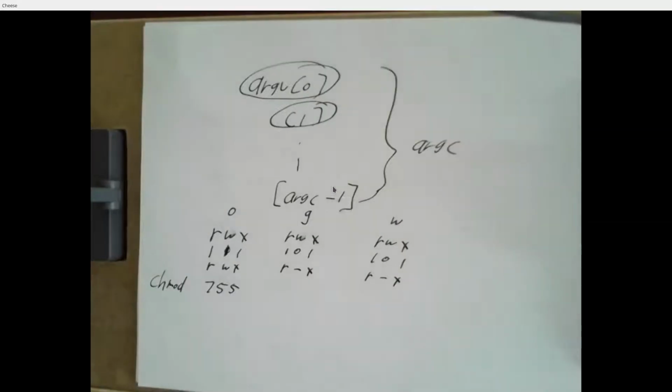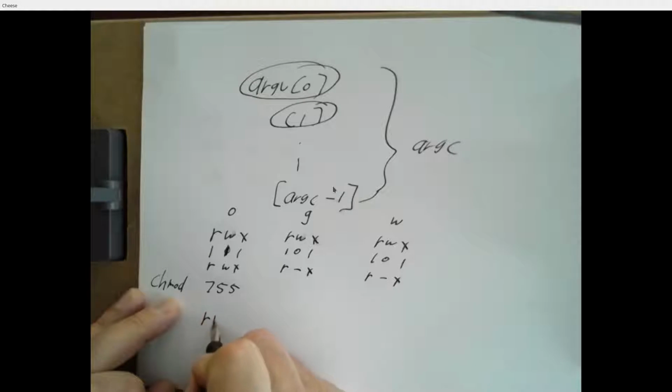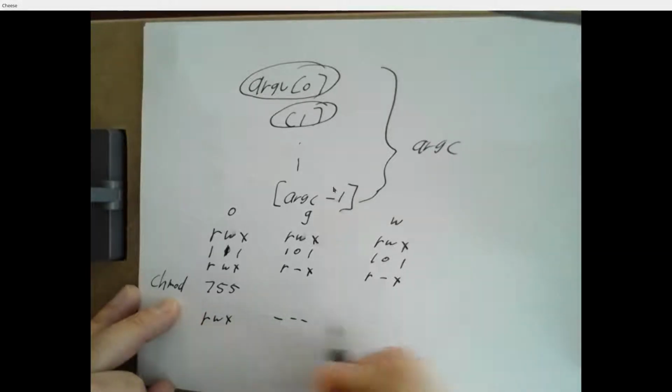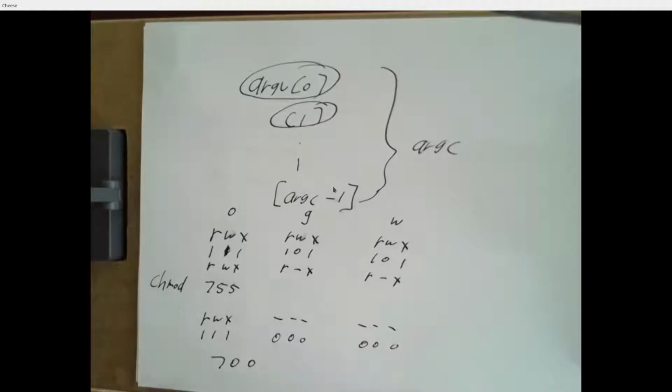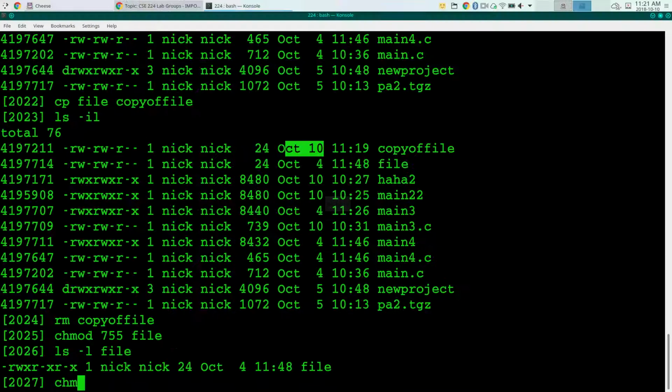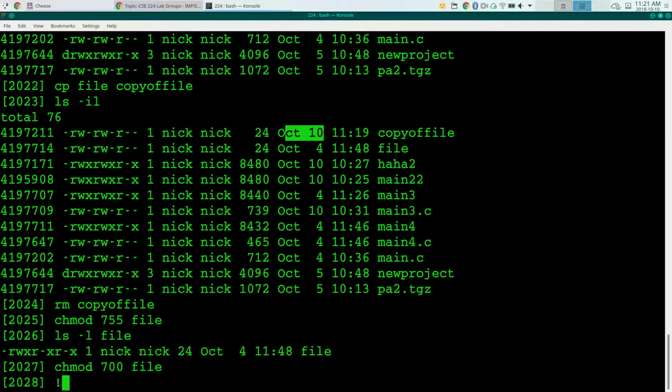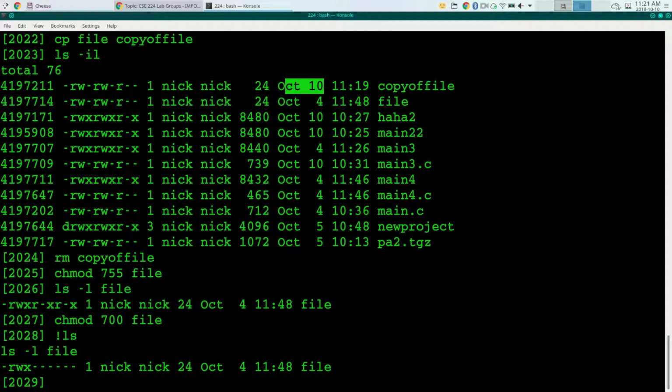So if I want other people to have no access, but I want full access, so read, write, execute, no access, no access. So that's a 111 000 000, and I say chmod 700. All right, so now I've got full access. Nobody else has any ability to access it.